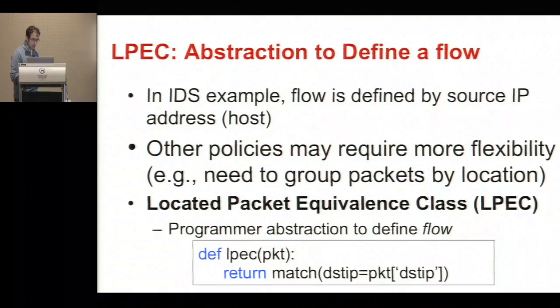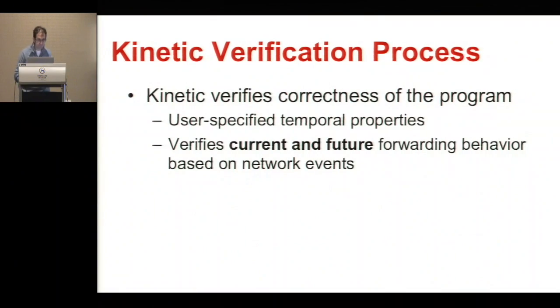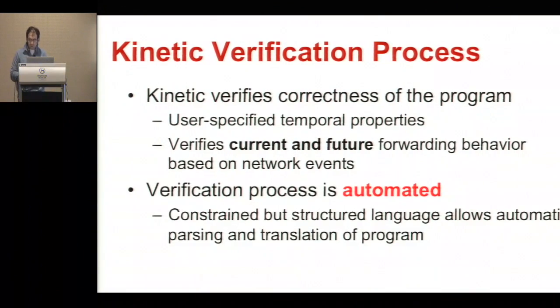For the example I just described, it would be source IP, not destination IP: all traffic that's coming from the same source address should be subject to the same policy or have the same state. So then I can define these groups in that way. That's a little bit about expressing the finite state machine.